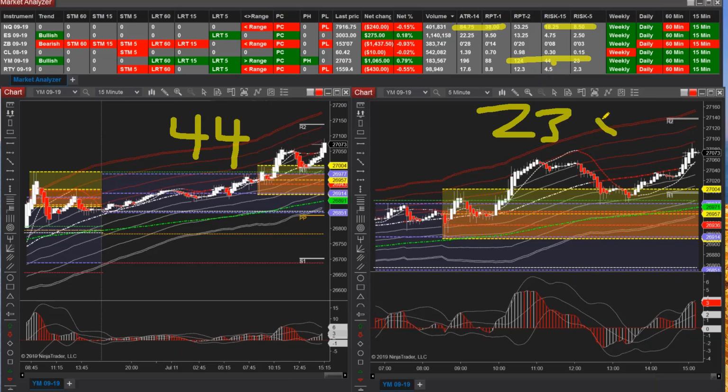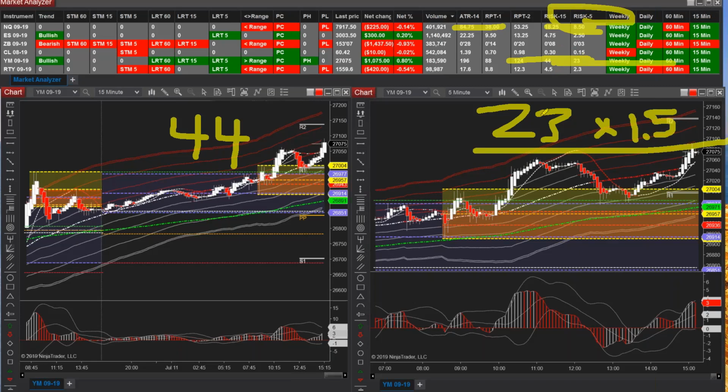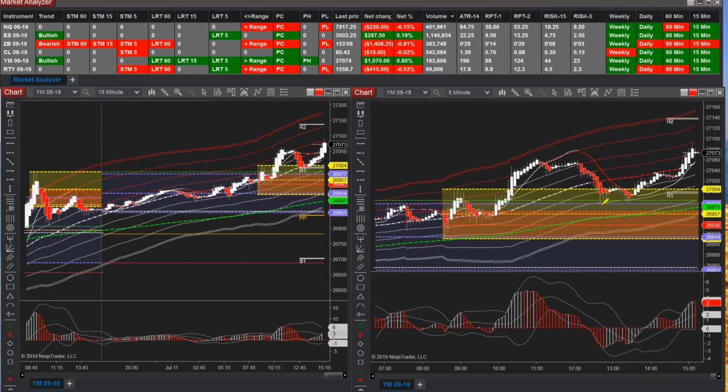Usually you would want to multiply that by 1.5, and that would keep you out of harm's way according to the calculations. And so it's all right there in front of you on the Market Analyzer. You always know where you are, and hopefully you'll get the direction to tell you which way to go.